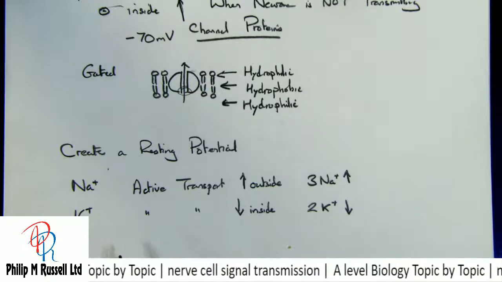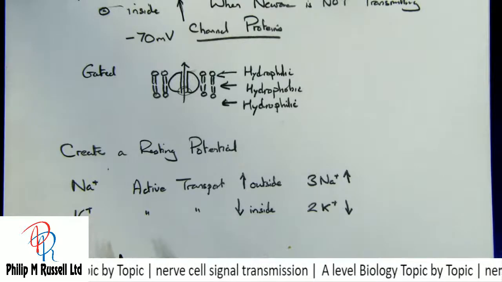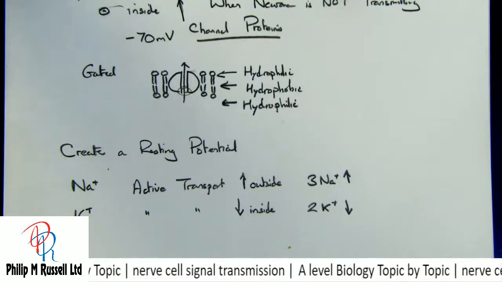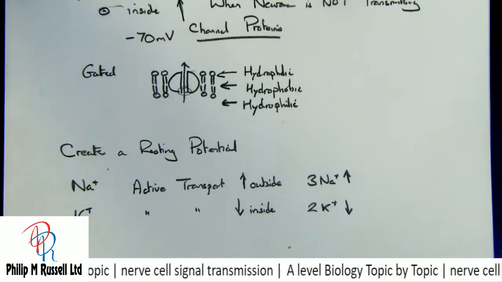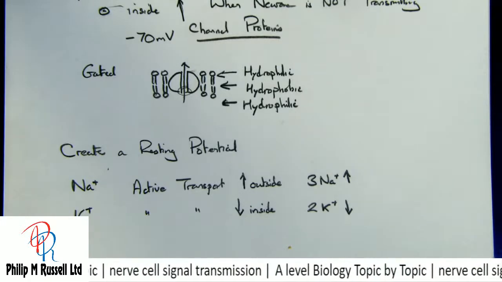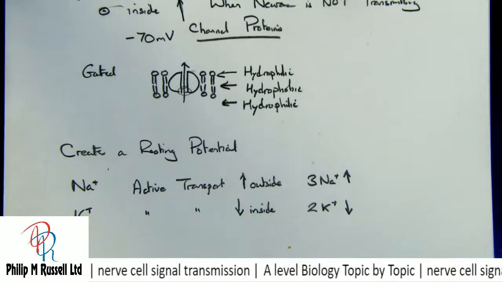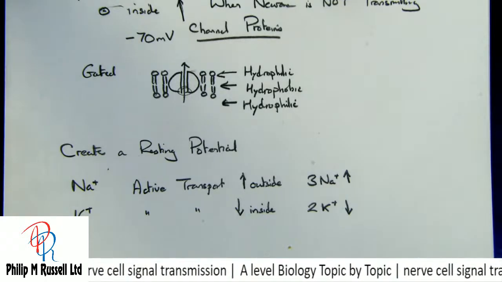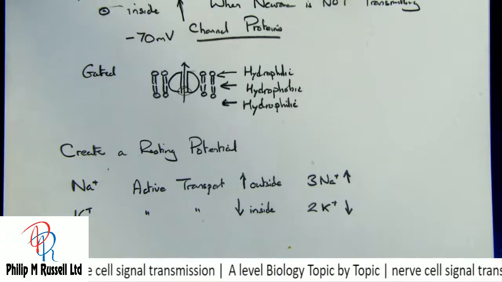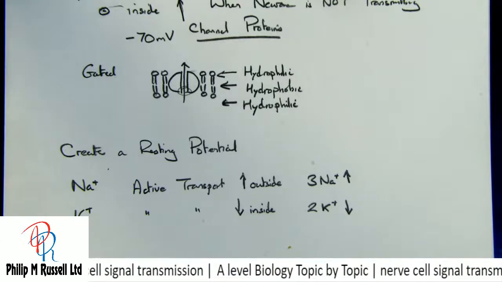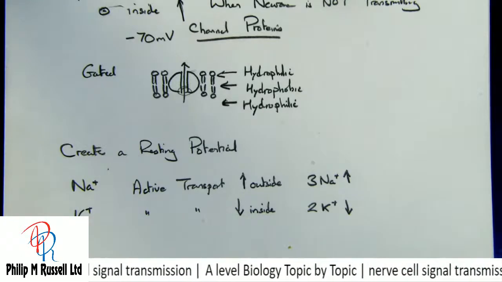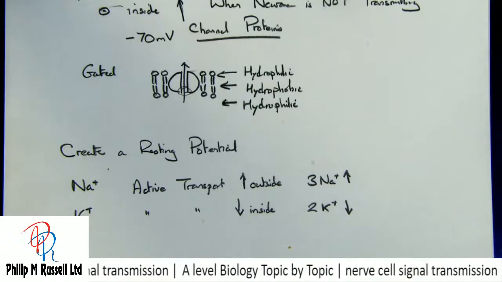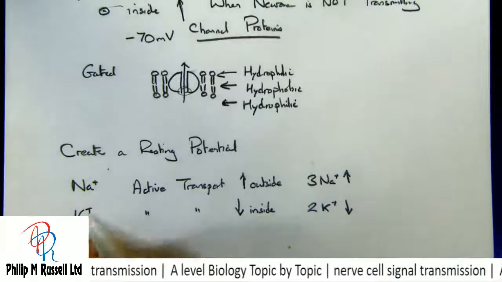However, most of the gated sodium ion channels are closed, and that prevents the movement of sodium ions, whereas many potassium ion channels are open, which allows the potassium ions to diffuse out of the axon. This means there are more positively charged ions outside than inside, and this creates our resting potential.